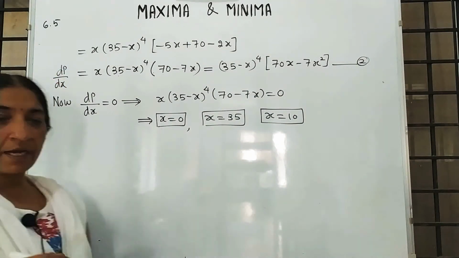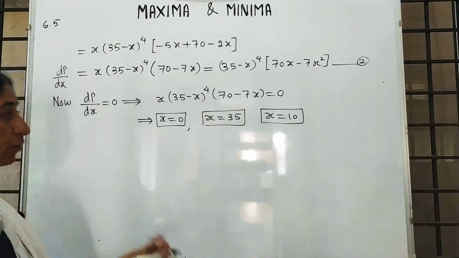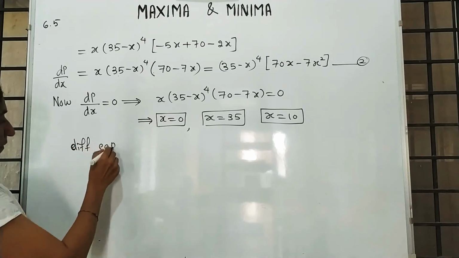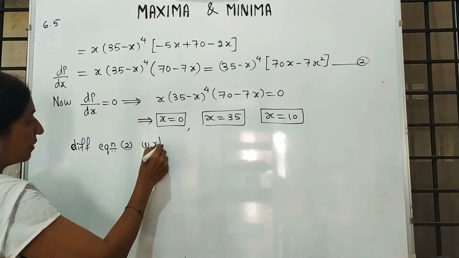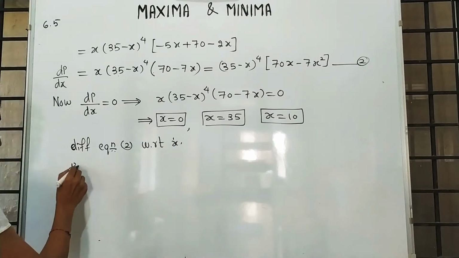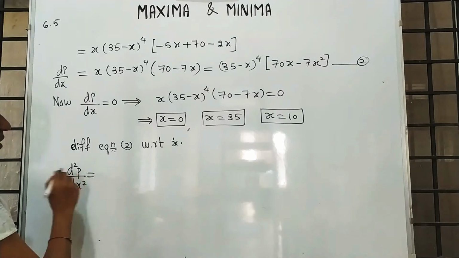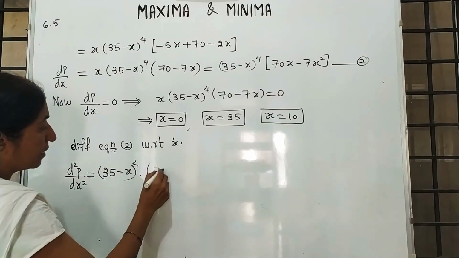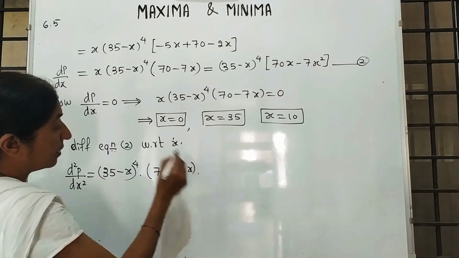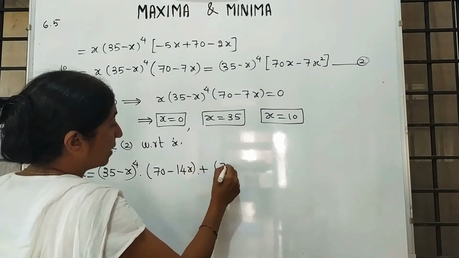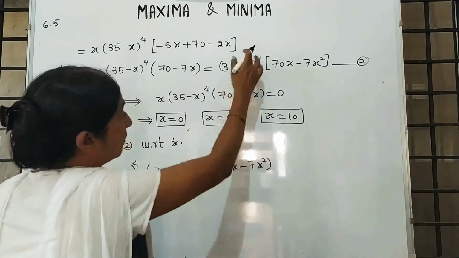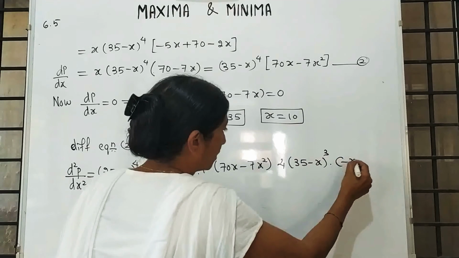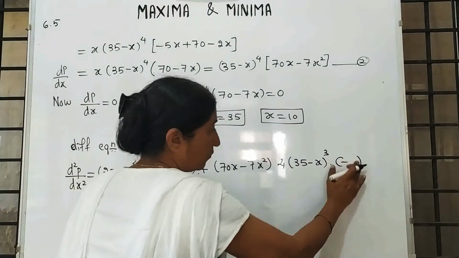For maxima and minima, we have to differentiate this again. We have to find the second derivative. Differentiating equation 2 with respect to x, d square p upon dx square is equal to 35 minus x raised to 4 into 70 minus 14x, plus 70x minus 7x square as it is, into 4 times 35 minus x raised to 3 into the differentiation of 35 minus x, which is minus 1.